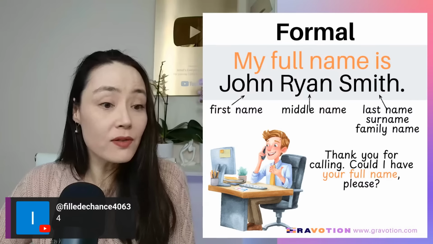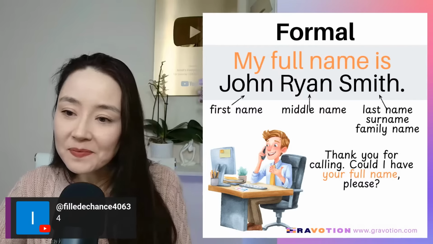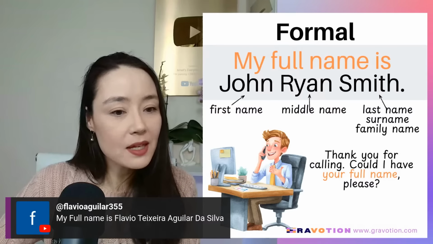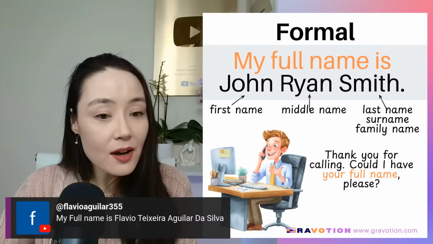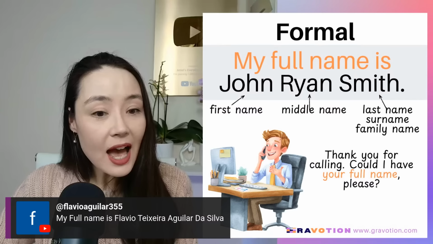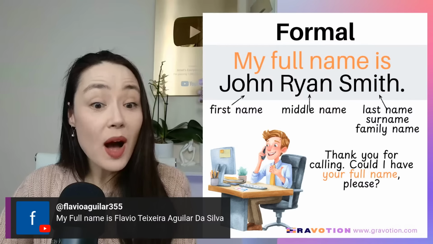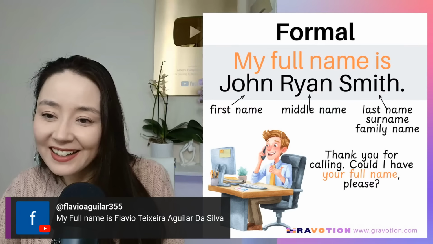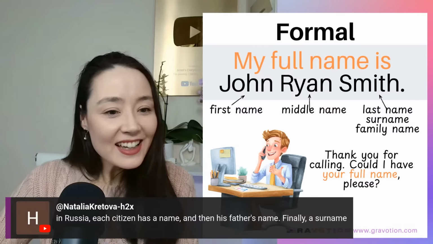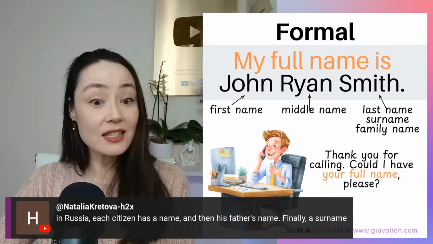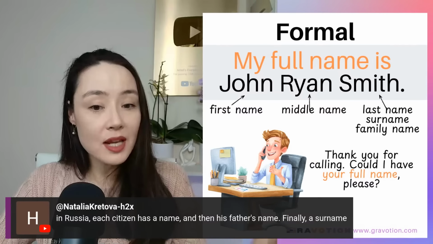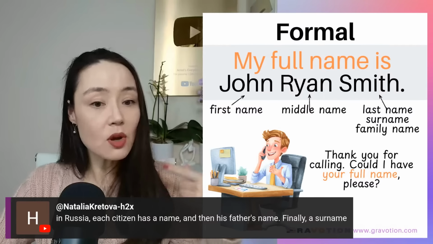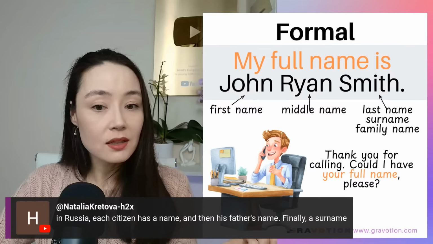Okay, that's typical, 4 names. Oh, this is a long name here. My full name is Flavio Teixeira Aguilar da Silva. Wow, that's an impressive name. In Russia, each citizen has a name and then his father's name. Finally, a surname. Okay, so 3 names total? Right. Oh, interesting.